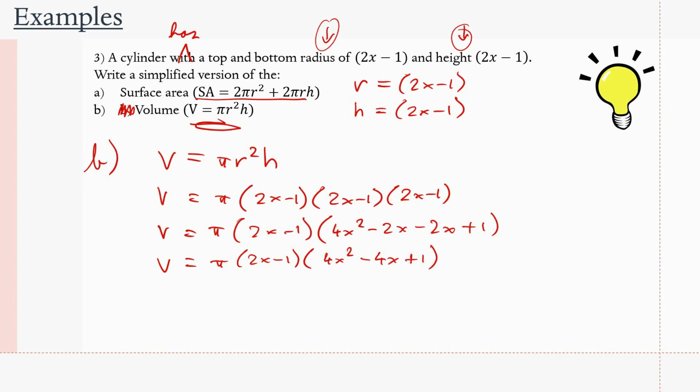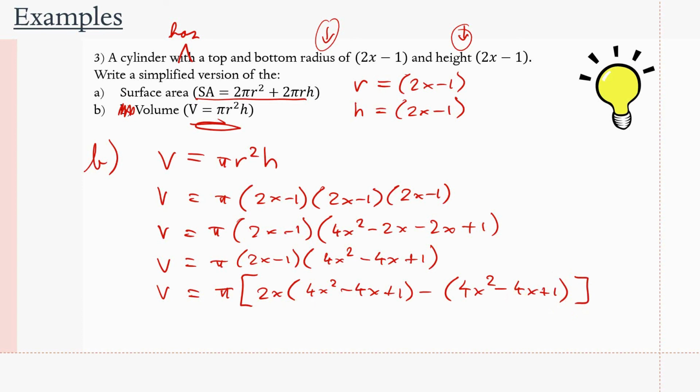Now, we're going to use the commutative property to say that this whole thing right here is the same thing as saying 2x times 4x squared minus 4x plus 1, minus 1 times 4x squared minus 4x plus 1.